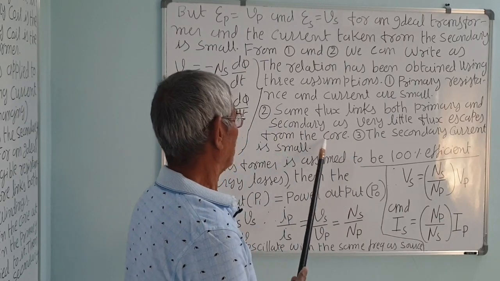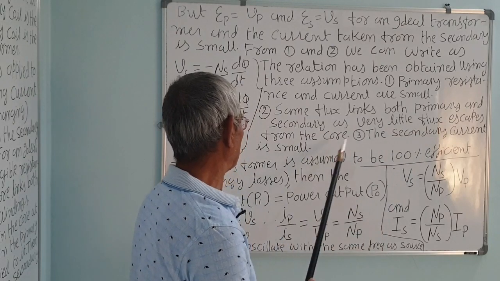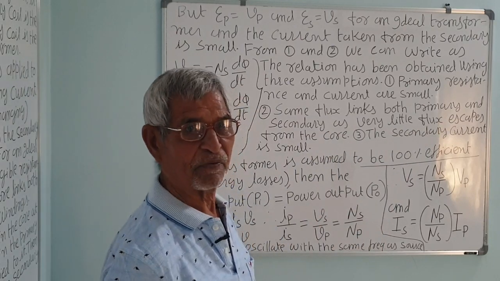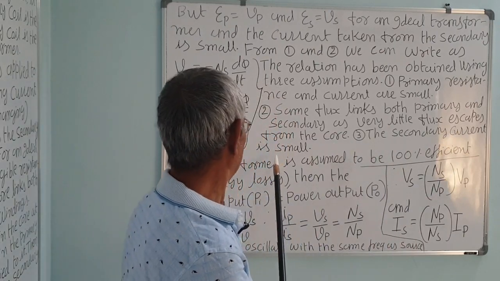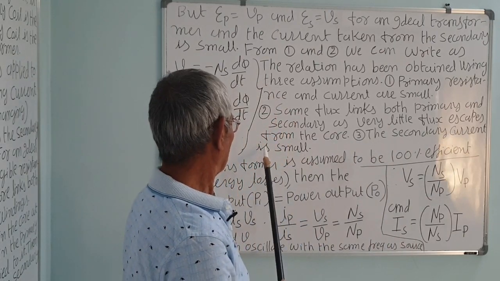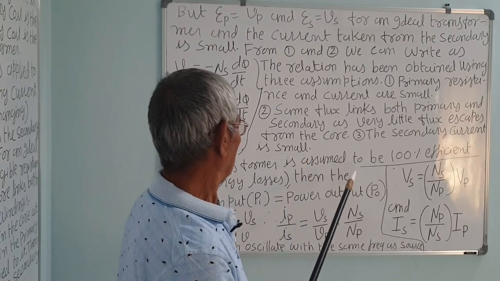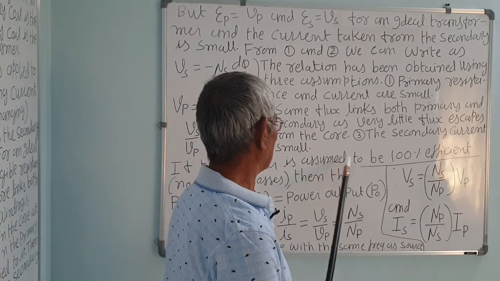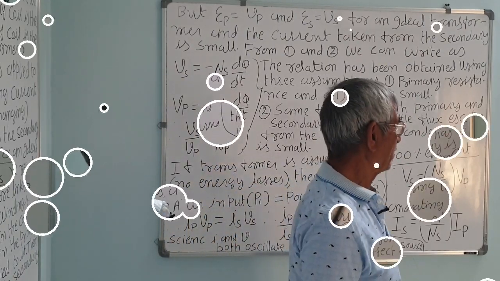But here we have assumed that there is no flux leakage, and very little flux escapes from the core, which is negligible. The secondary current is small, correct, and the transformer is assumed to be 100% efficient.